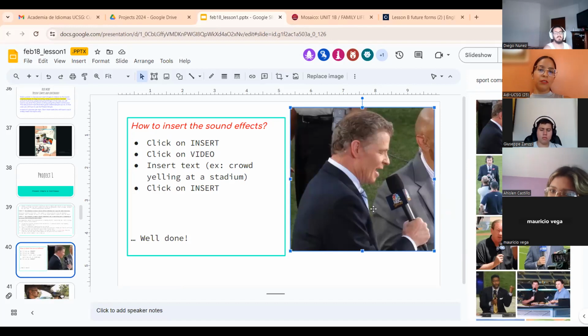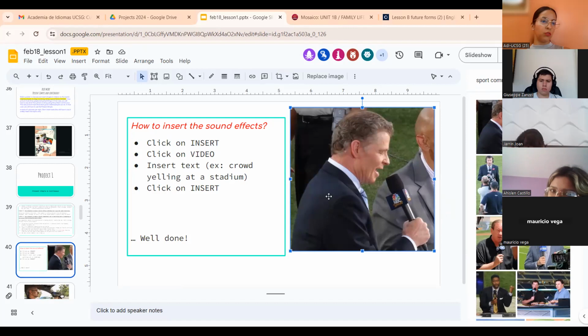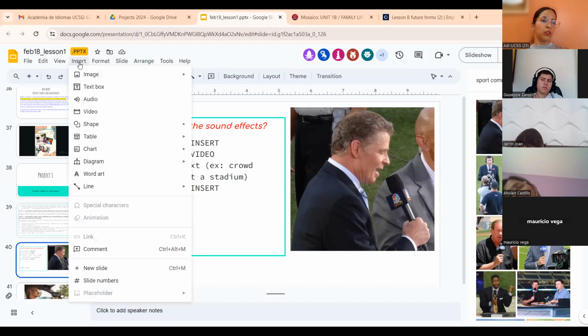The picture must be centered in the situation. I'm doing this with example number 2. So I have my sports commentator here. And I'm going to insert the sound effect. So click on insert, click on video.